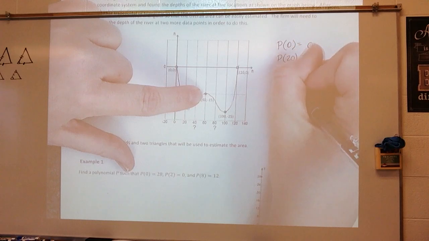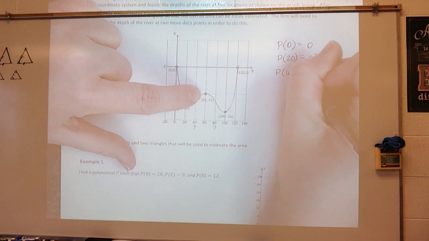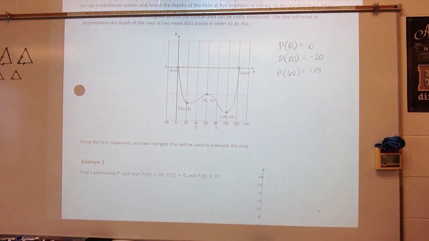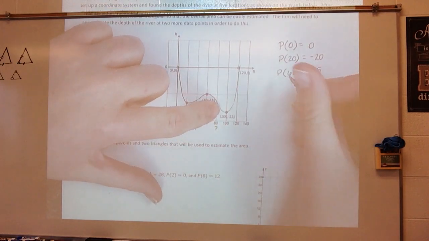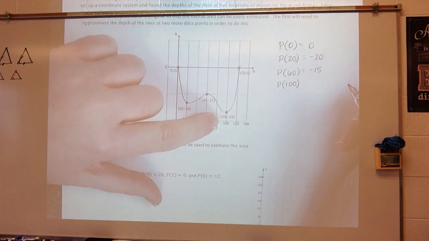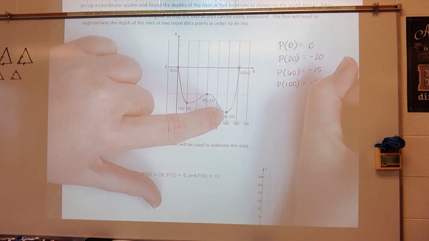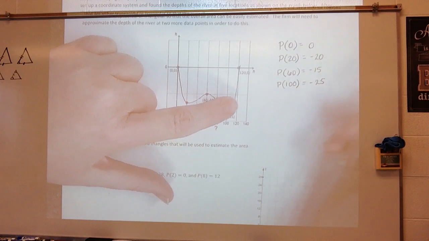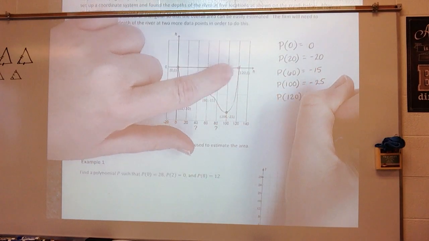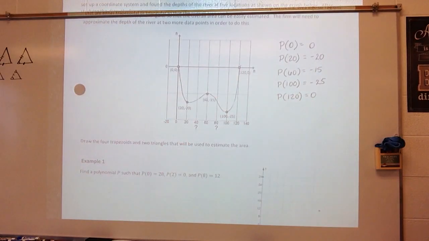We know that p of 60 is negative 15. So when x is 0, y is 0. When x is 20, y is negative 20. When x is 60, y is negative 15. We know p of 100 gives us negative 25. And we know that when x is 120, p is going to get back to 0.